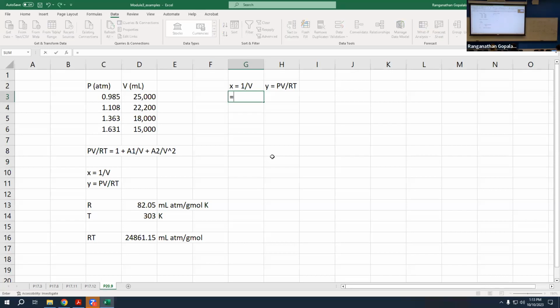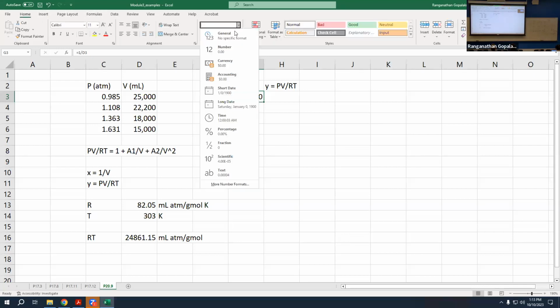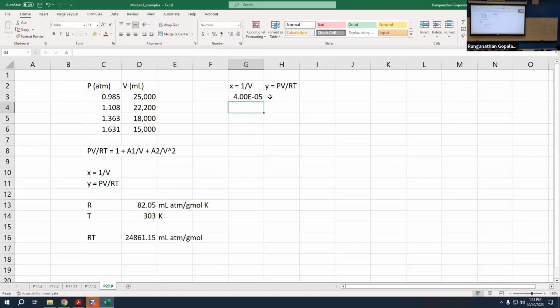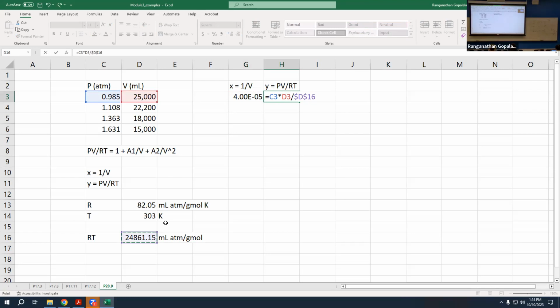So 1 over volume, I can easily do that. And then I have pressure multiplied by volume divided by RT, which I have to freeze, enter.